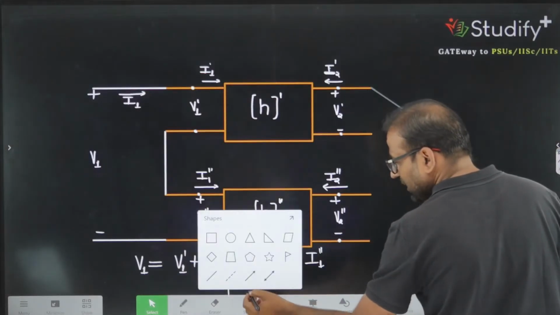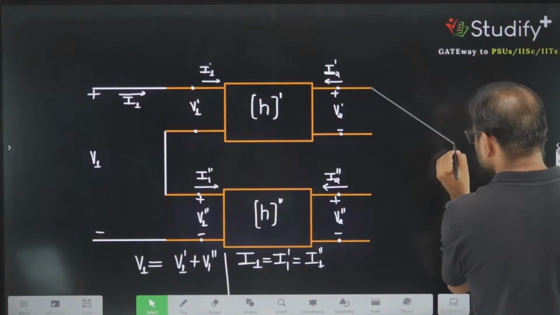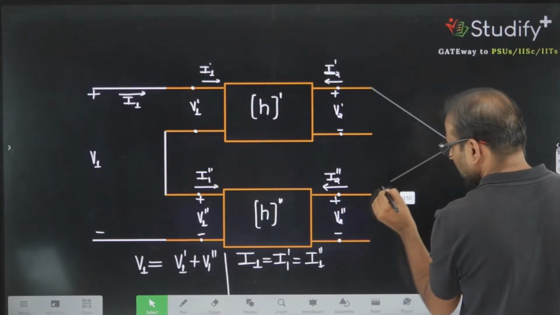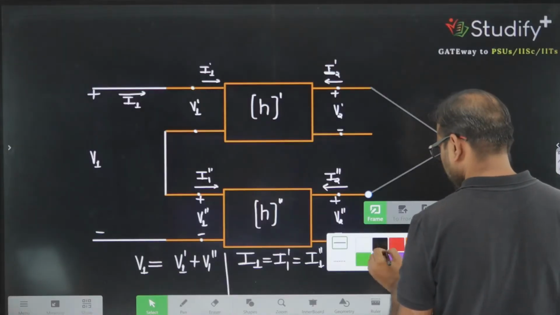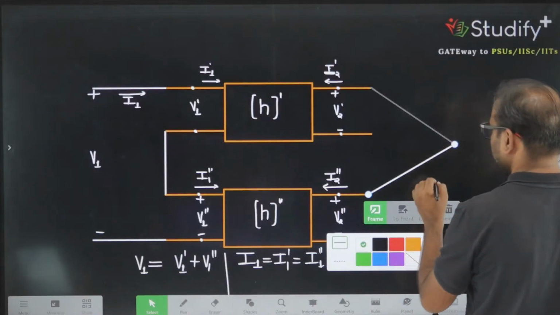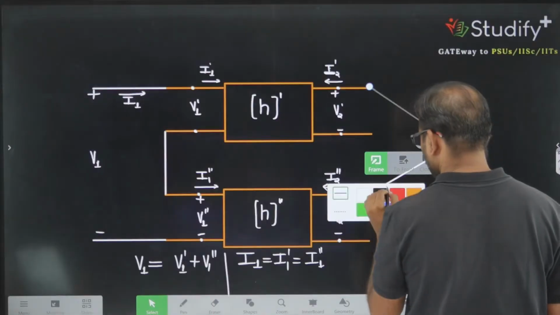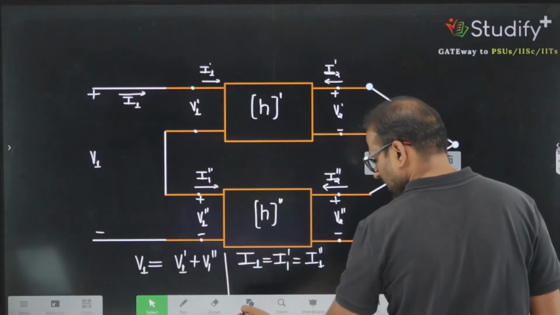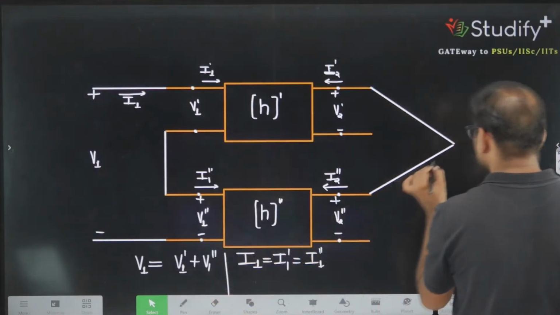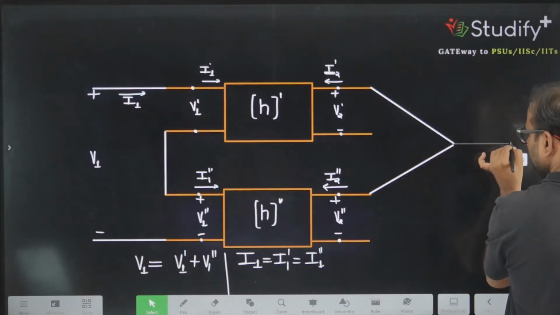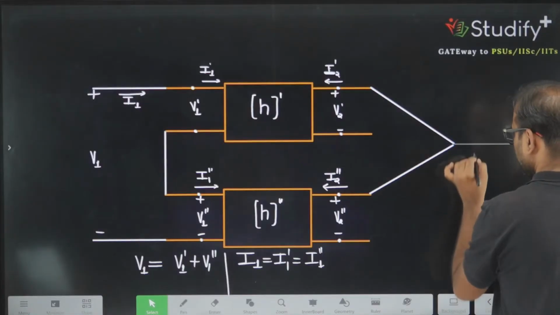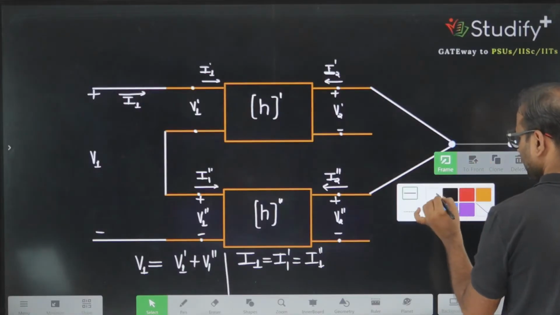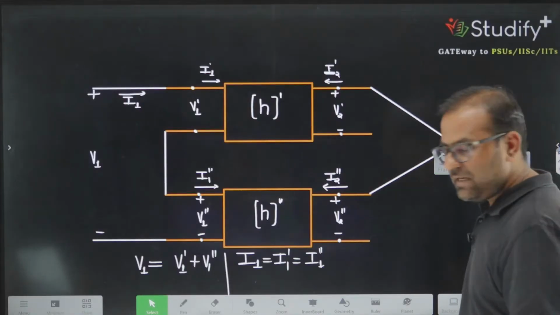How to connect it in parallel? The parallel connection is the easy thing. This is the parallel connection. And this is the parallel connection. Correct?